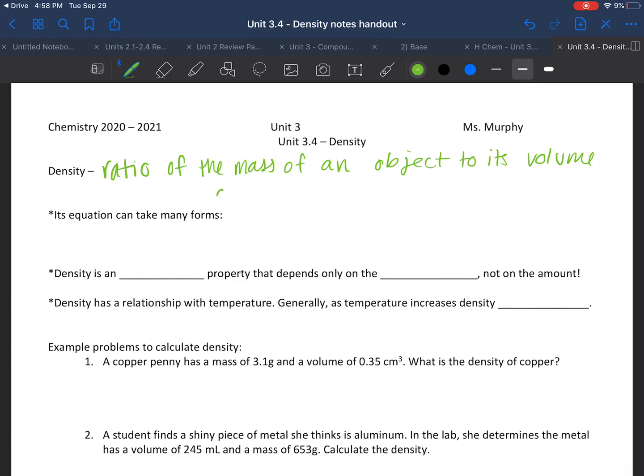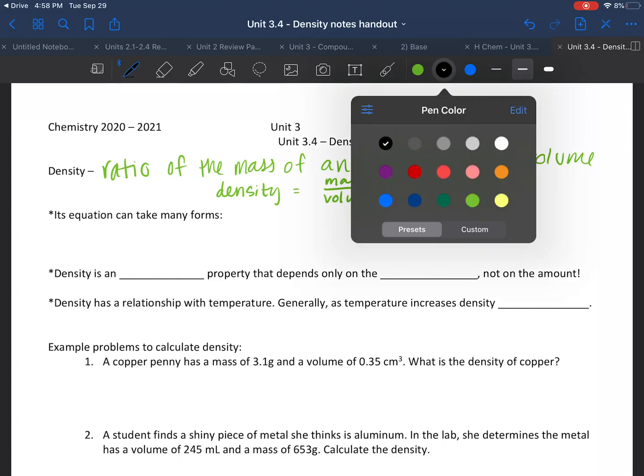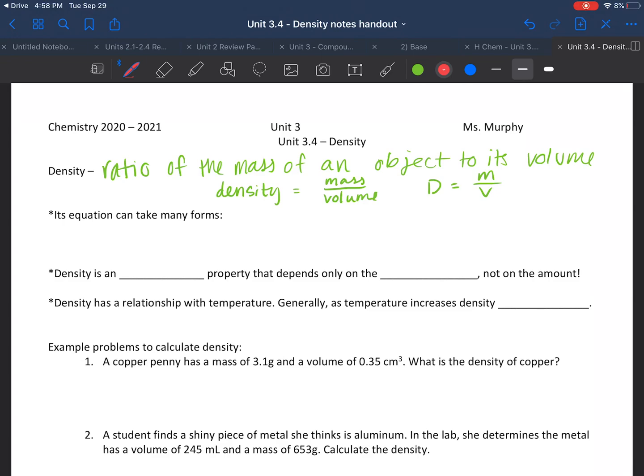What that equation is going to look like is density is equal to mass divided by volume. Another way people remember this is that if you just give the first letter to each, so D is equal to M over V. The M over V makes kind of a heart here. And so that's a way to remember that mass is over volume because we love density.